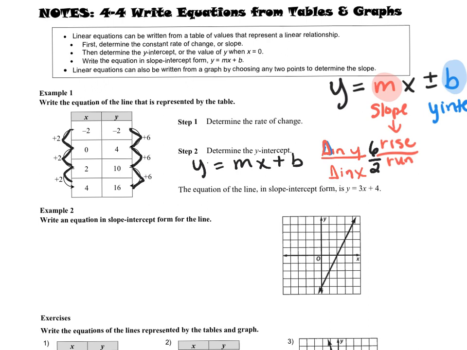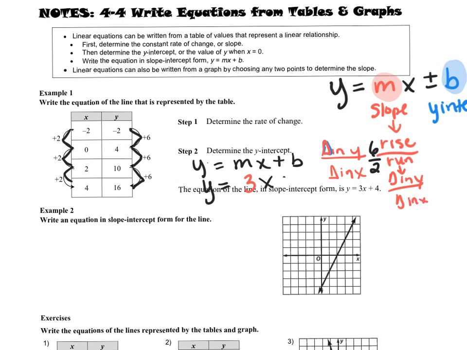That 3 is going to go in front of the x, because that is our slope. That's our change in y over change in x, which is our slope, our rise over our run. So I'm going to say change in y over change in x.